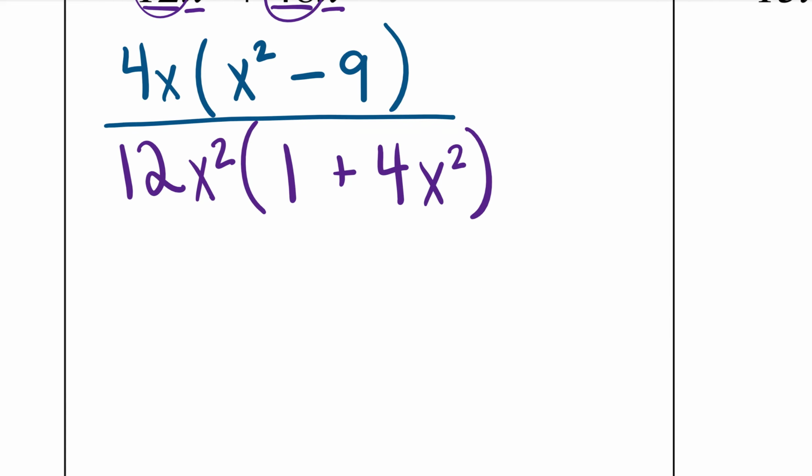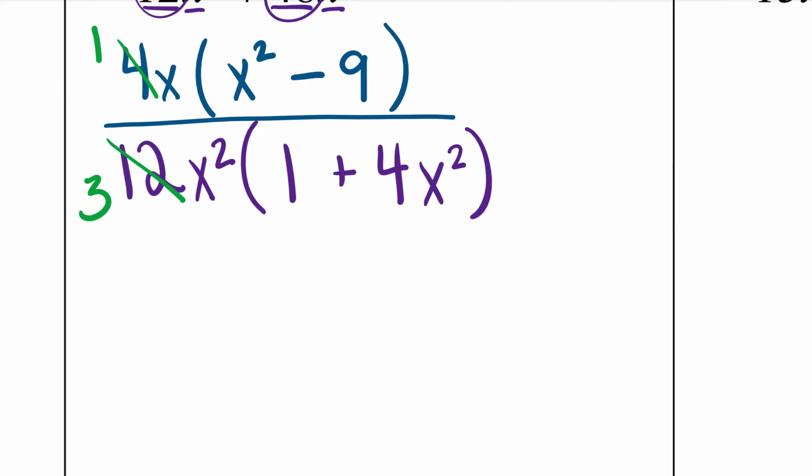So from here, I'm going to look at my GCF first. Can I reduce my GCF, my numbers and my terms outside the parentheses? Okay, so if I look at these, I can divide 4 and 12 both by 4. So 4 divided by 4 on top is 1. 12 divided by 4 on bottom is 3. Okay?